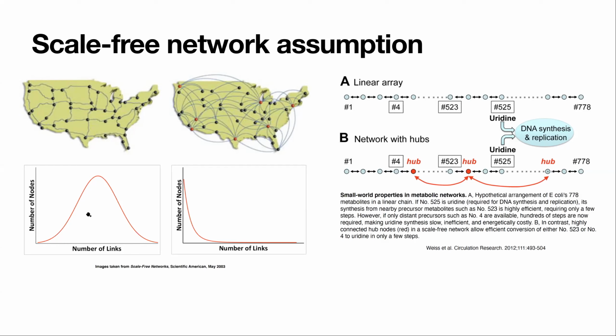So the difference in the distribution of the number of links per node in the scale-free network is that most of our cities in this graphic only have one or two flights going in, and you just have a couple of cities that have a lot going in and out of them. And so that's a general description of what a scale-free network is.